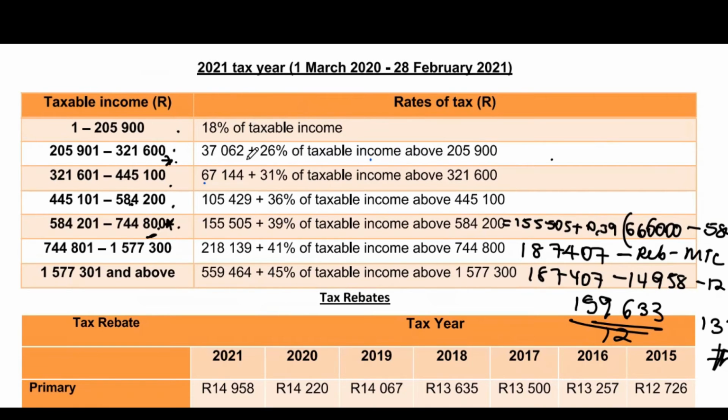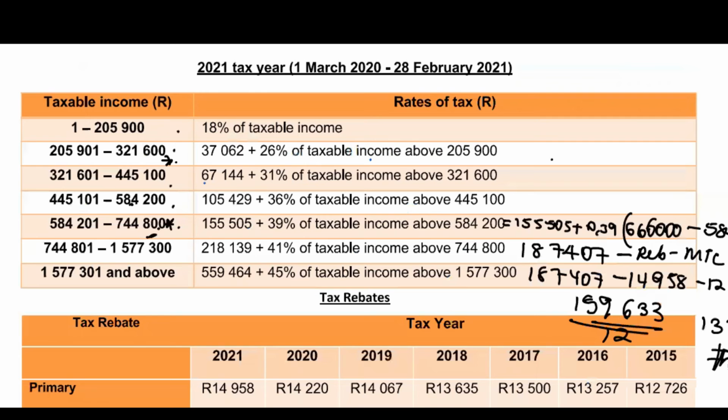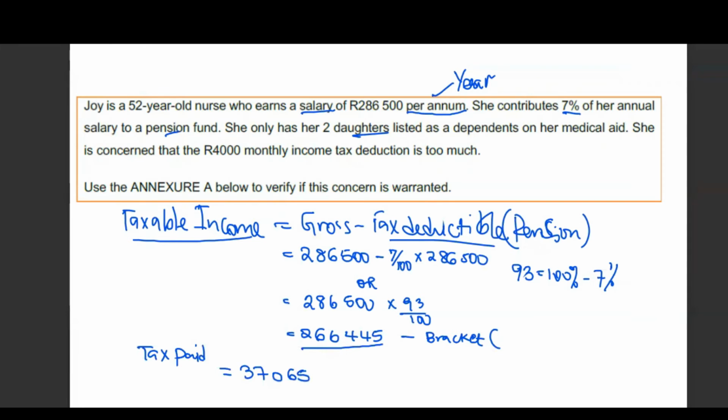So we say 37,000 and 62, sorry, 62,000 plus the 26%, which I will write like this, into brackets, the taxable income you've got now, minus. Someone would ask, the first example we multiplied by 12.